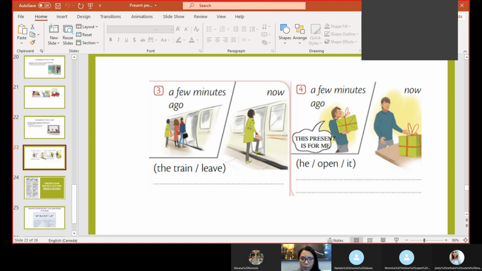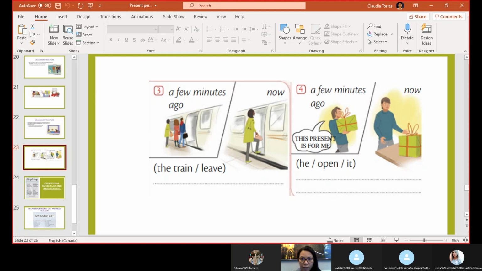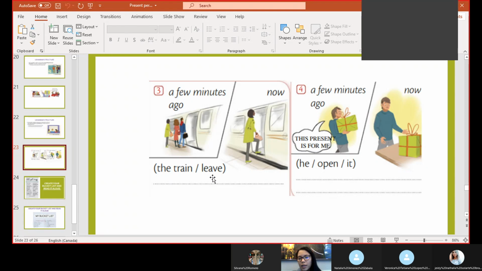Yes. But look at the brackets. It says the train slash leave. Okay, the train has already. Yeah, I know that arrive sentence you said, it's okay. But if you use the verb leave, leave is the opposite of arrive, right?